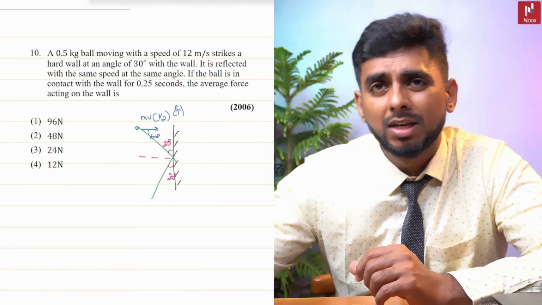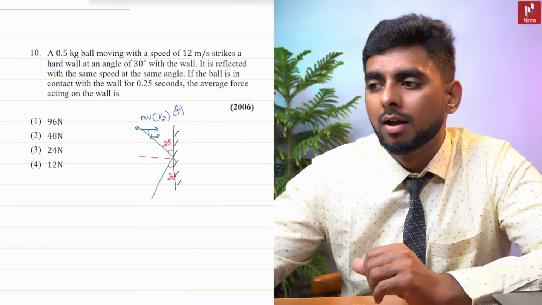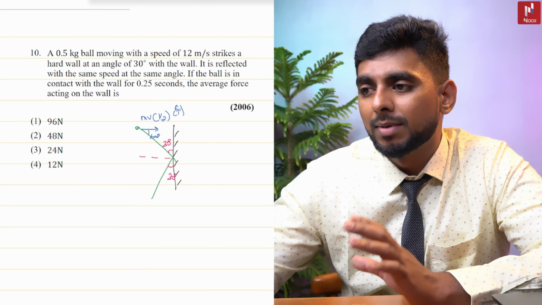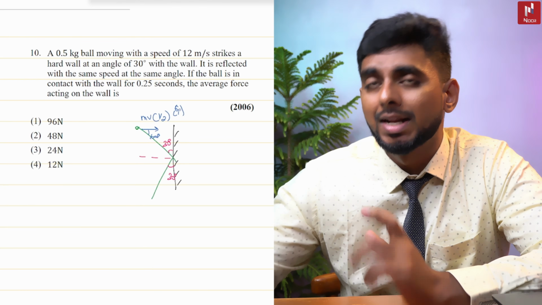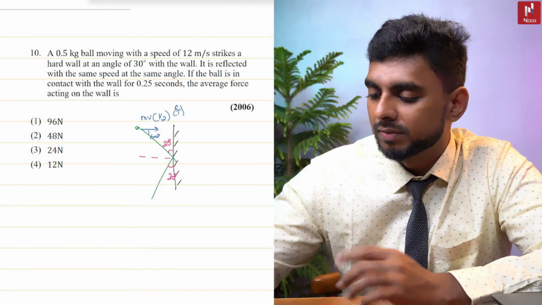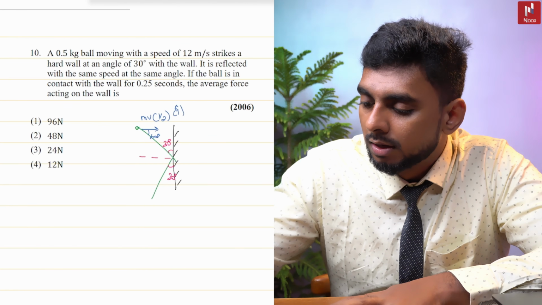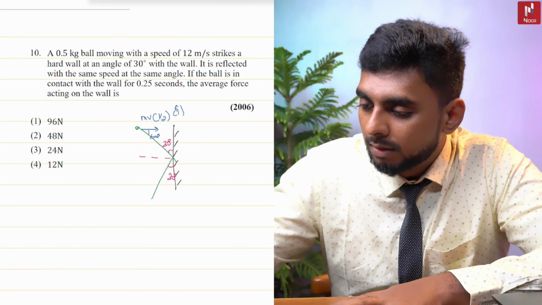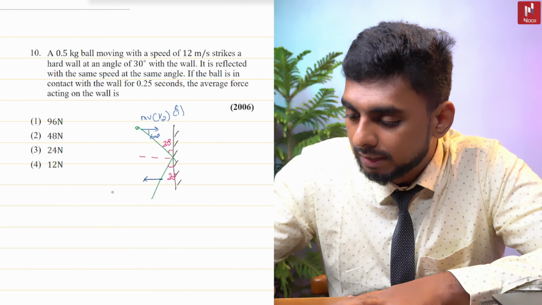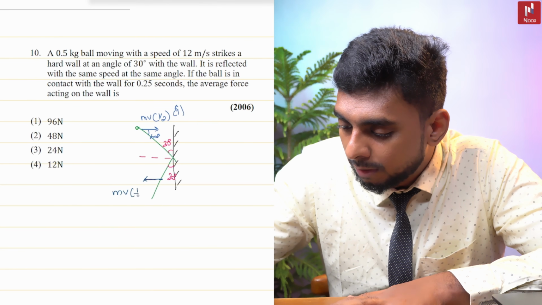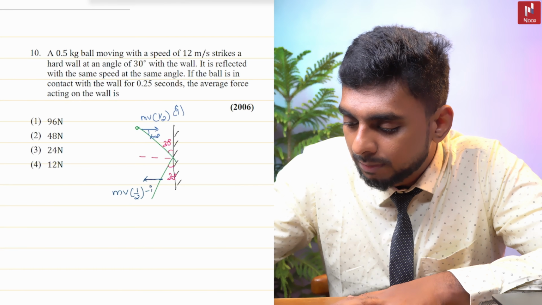You'll end up having the same momentum along x for the final. Only thing is the direction would have flipped. So the final momentum along the x will be mv by 2, but this will be directed towards the minus i cap.